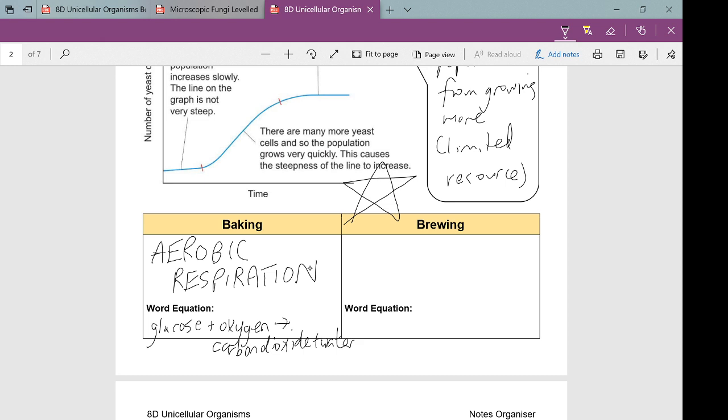Okay, let me re-ask my question. So, when you're making bread, you put the flour, the ingredients together with a little bit of yeast, and what happens when people make bread is that they fold it repeatedly to get as much oxygen in there as possible.